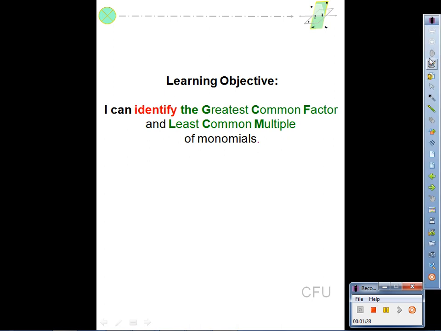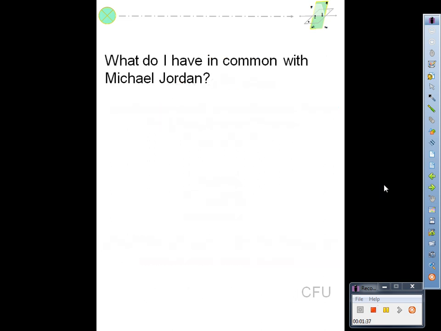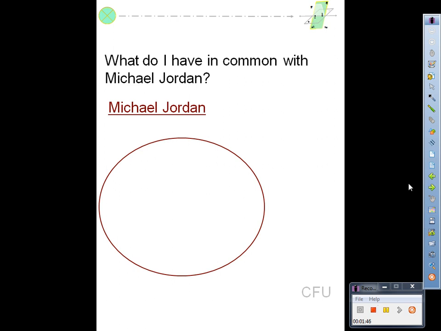Ready? Here we go. So I'm going to use the Venn diagram right now, to compare two people. It says, what do I have in common with Michael Jordan? All right. So here's a circle for Michael Jordan, and a circle for me.